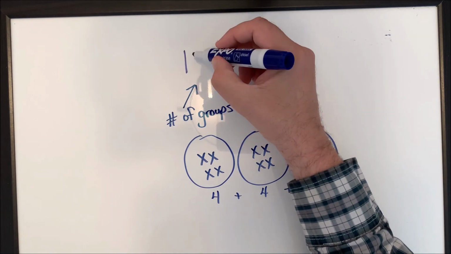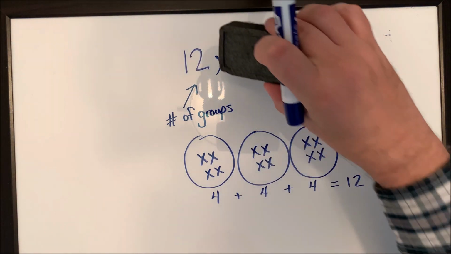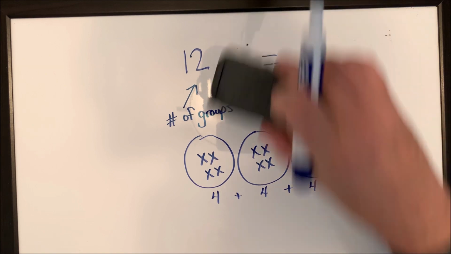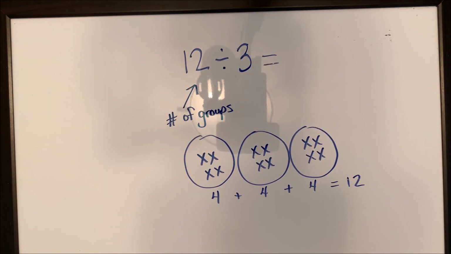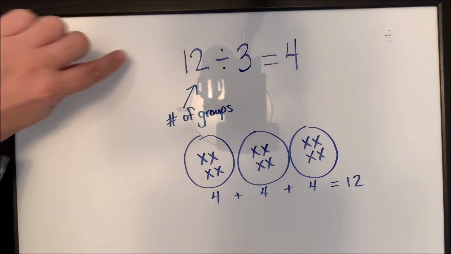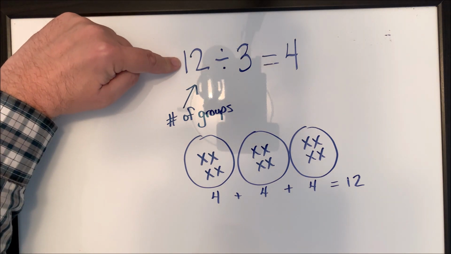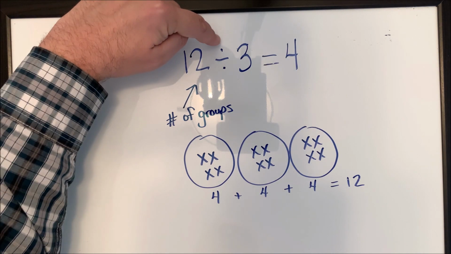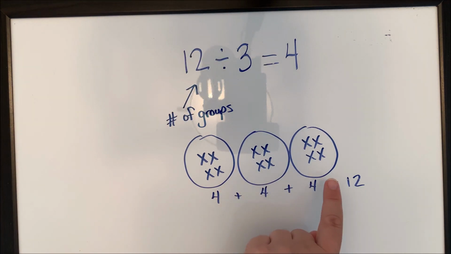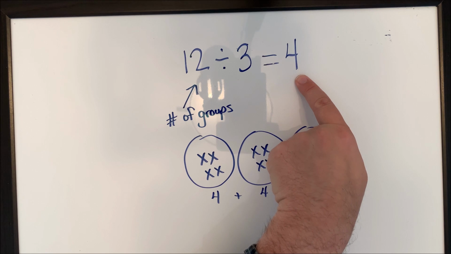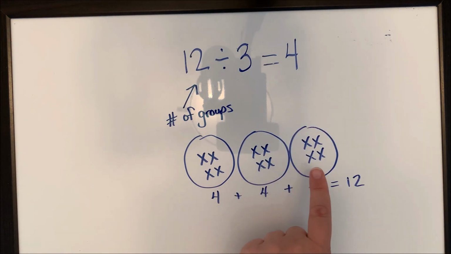I would have 12 apples divided into 3 equal groups equals 4. So the picture stays the same, except I'm taking 12 apples, dividing them equally into 3 groups, which equals 4 apples in each group.